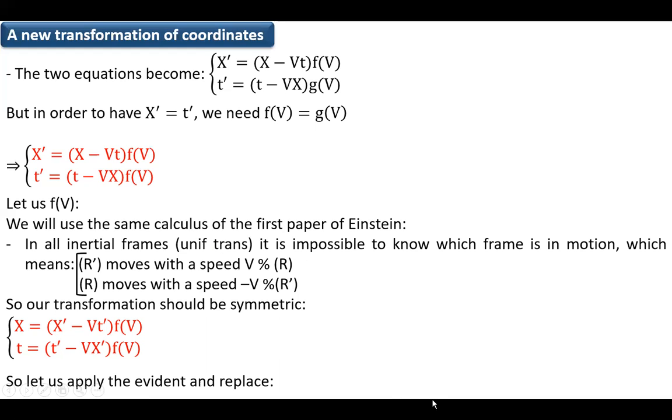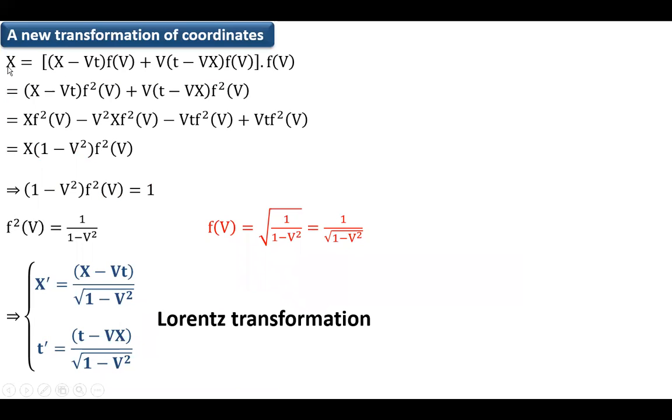So we will apply the simple and most evident calculation, and we replace each term by its equivalent. So x is equal to (x prime plus vt prime) times f of v. We replace x prime by (x minus vt) times f of v, and we replace t prime by (t minus vx) times f of v. So we have (x minus vt) times f squared of v plus v(t minus vx) times f squared of v.